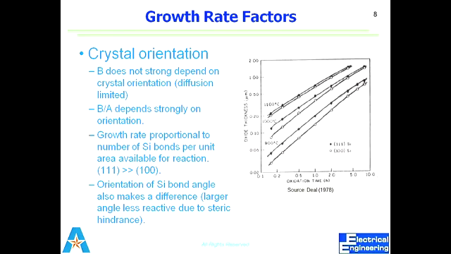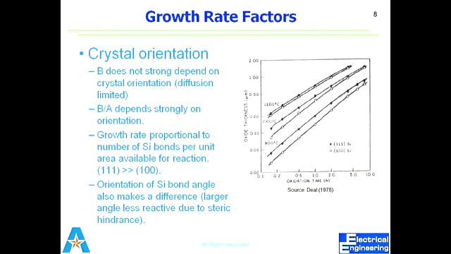And I think you can now understand why B over A is the linear rate constant, and B is the parabolic rate constant. The parabolic rate constant is not affected by the crystal orientation, but the linear rate constant strongly depends on it.